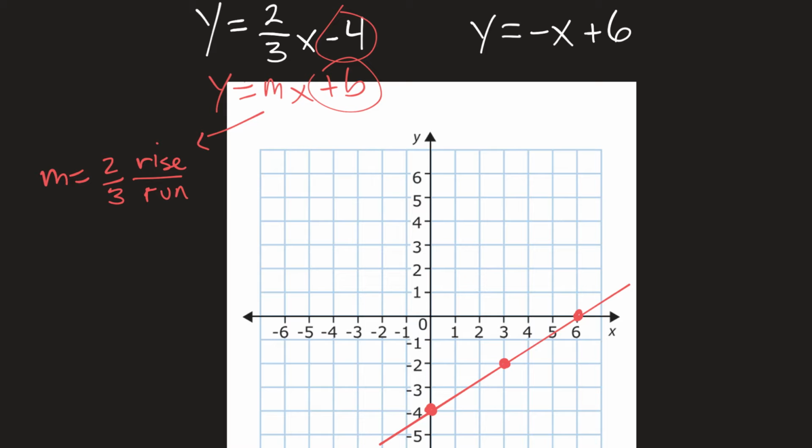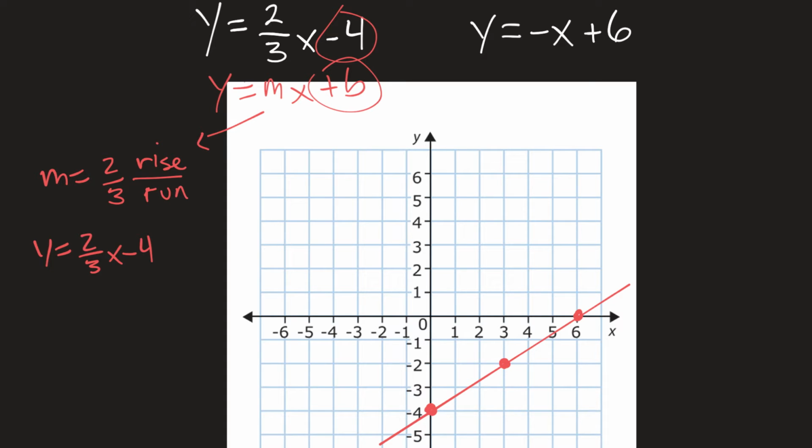Now the solutions to this, well, there are a lot of solutions. Let's go back to y equals 2/3 x minus 4. One solution is this dot right here, 0, -4.